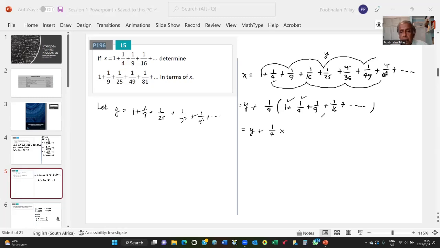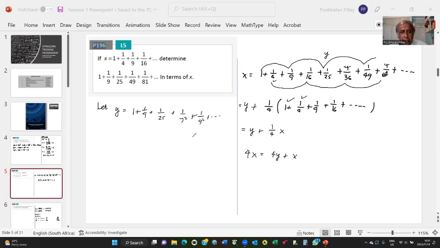Right? So on the left-hand side, you got x. On the right-hand side, you got y plus a quarter x. So to get rid of the quarter, you multiply right throughout by 4. Right? And the problem is to find that.